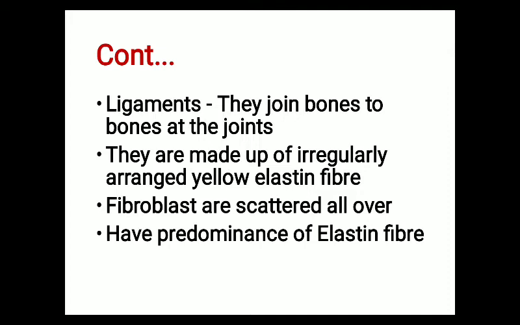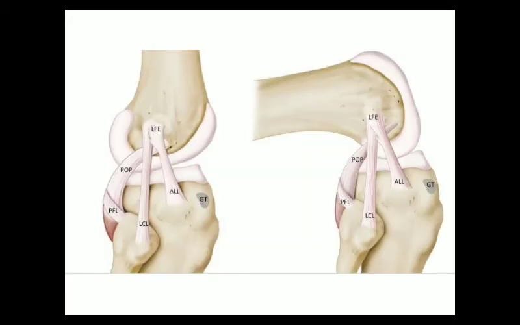Ligaments have a predominance of elastin fiber, but tendons have a predominance of collagen fiber. This is the difference between tendons and ligaments. From here you can write three to four differences between tendons and ligaments. This is the diagram of ligaments which connect two bones.